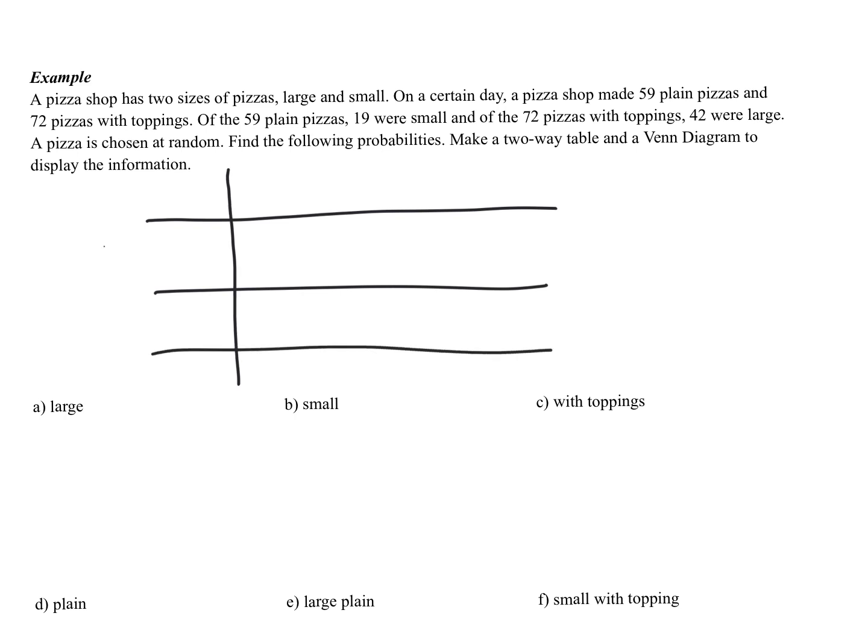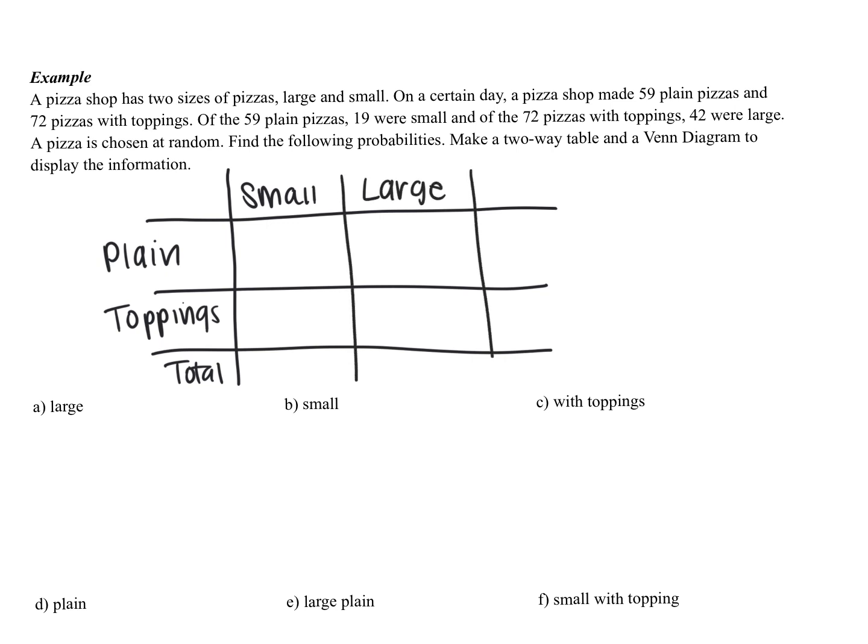So I'm going to make my left side whether or not it was my rows plain or with toppings. And then I have my total. And then my columns are going to be small, large, and total. So we know that they made 59 plain pizzas.